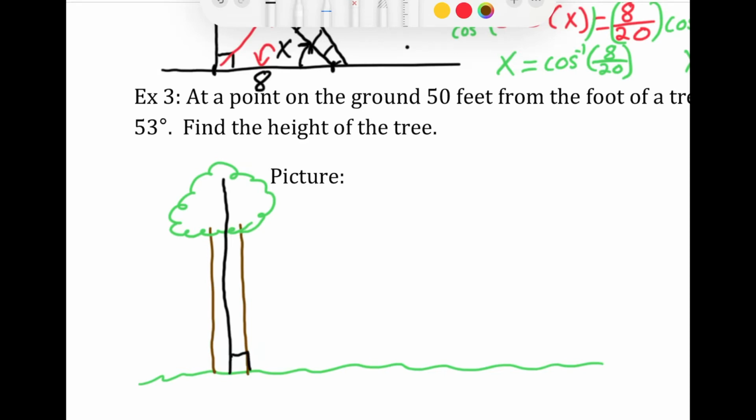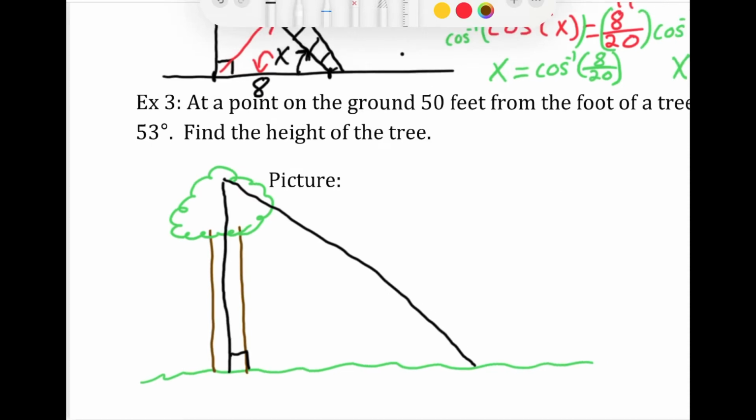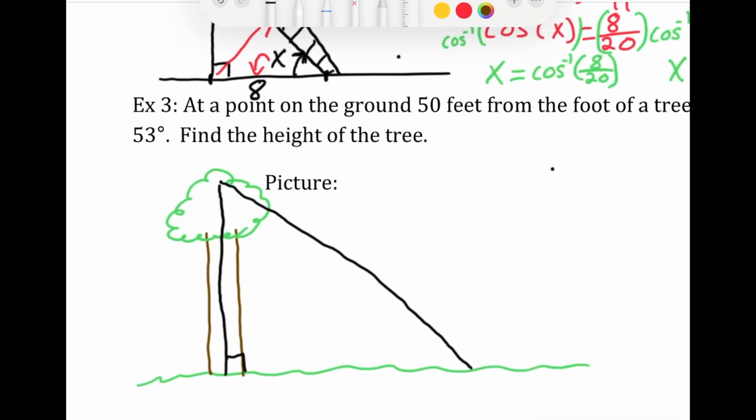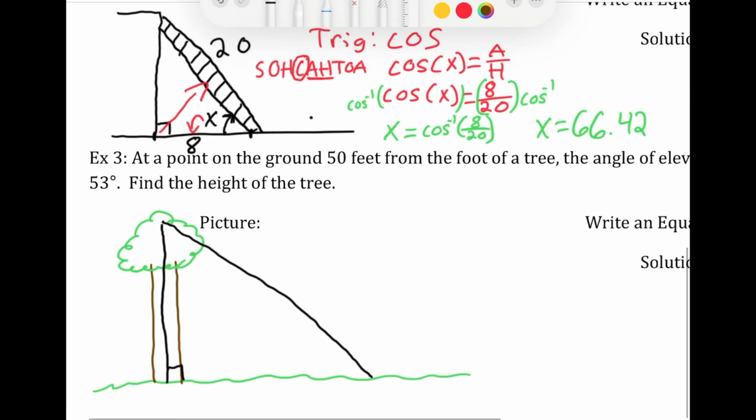And from the top of the tree to a point on the ground, so it doesn't have to be a specific point on the ground, and at the point on the ground, 50 feet from the foot of the tree. So that 50 feet from the foot of the tree will be on this leg, this bottom leg.